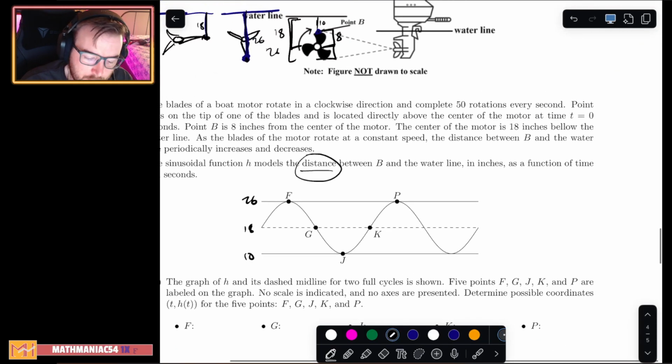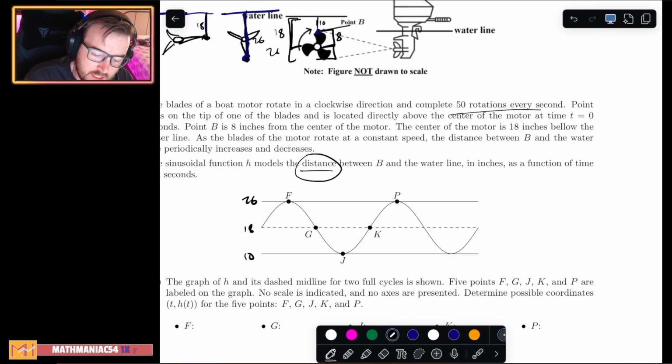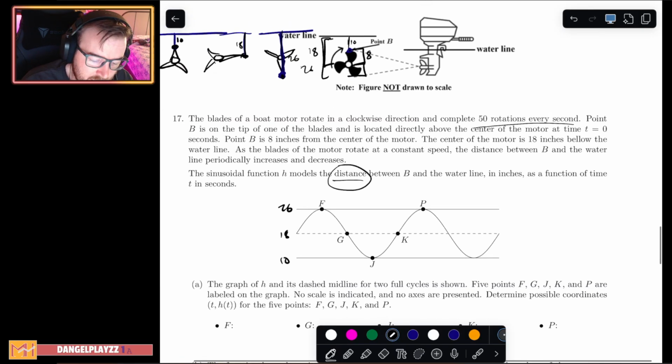The blades of a boat are rotating in a clockwise direction and complete 50 rotations every second. We'll come back to that in a second. Point B is on the tip of the blade. You already read the problems, that's why I'm just speed running here. Point B is on the tip of the blades and is located directly above the center at t equals 0.